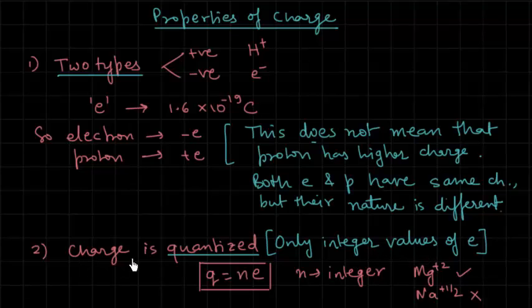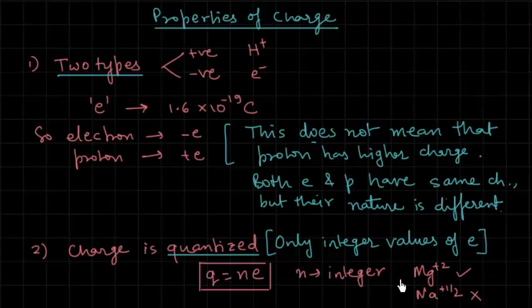Similarly, in charge also, all charges have only integer values of E. So the charge on, for example, Mg 2+ will be +2E. Na +1/2 is not possible. So we can write Q is equal to nE, where n is an integer.